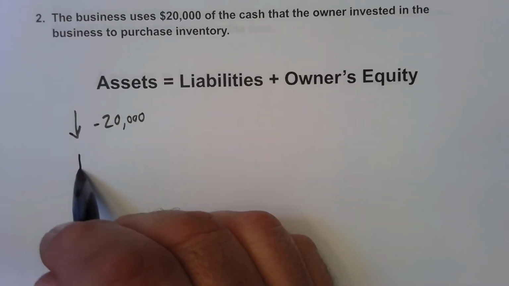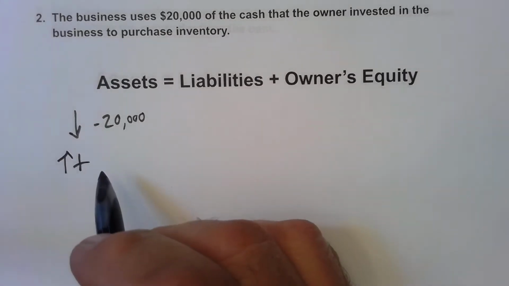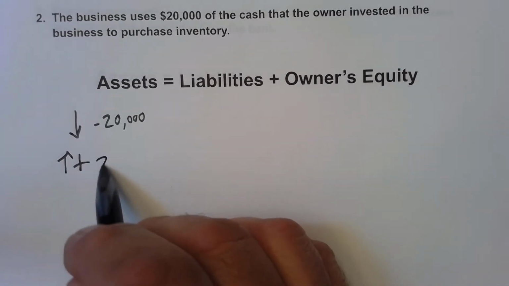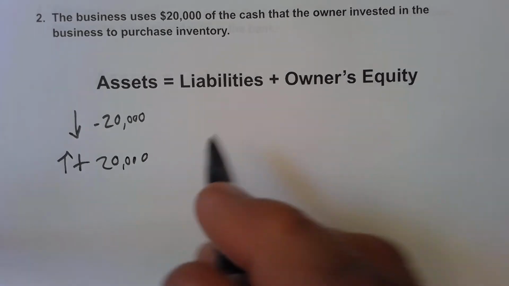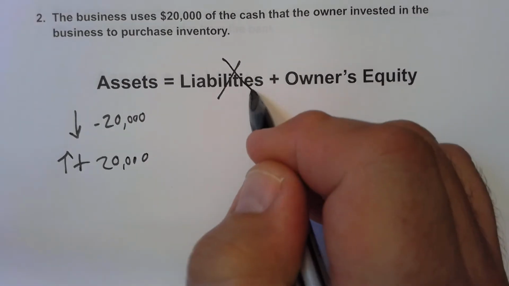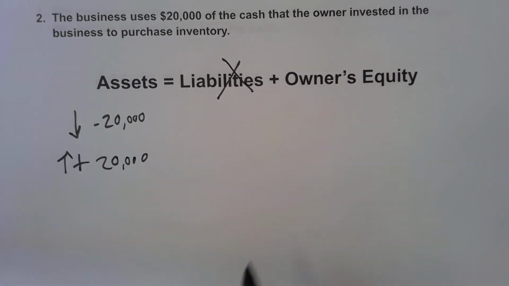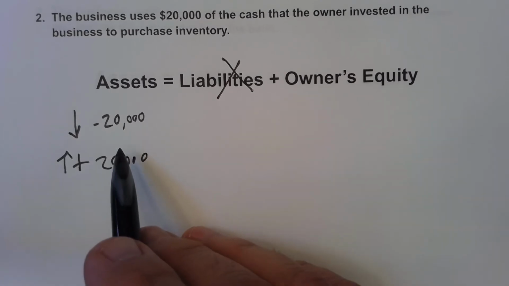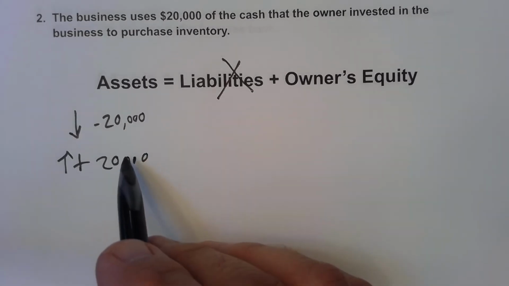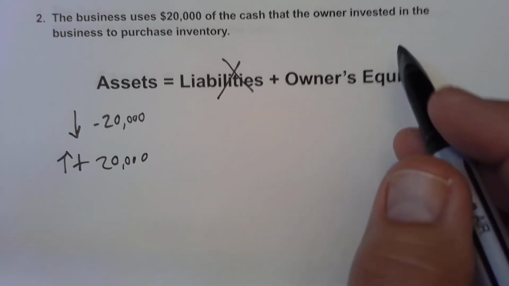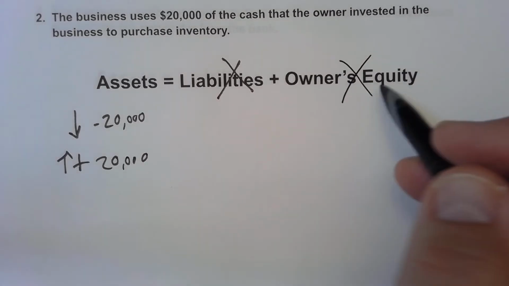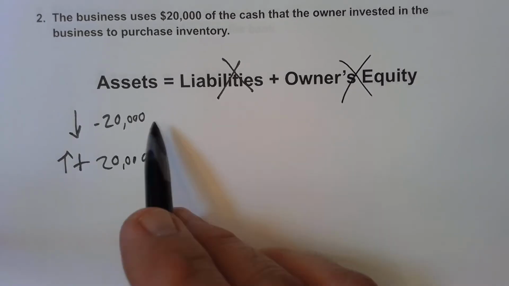So our assets simultaneously increase by that amount in the inventory category. There is no change to liabilities because none of the money is borrowed. Since our assets remain the same in aggregate, and there is no change to liabilities, we know that the owner's equity doesn't change because our accounting equation must remain in balance.